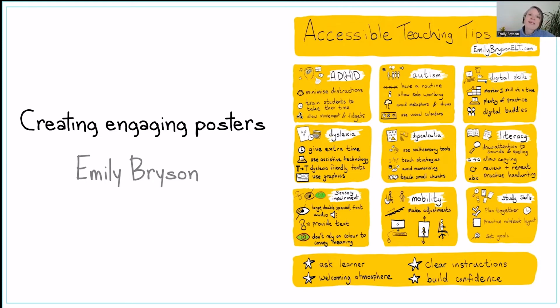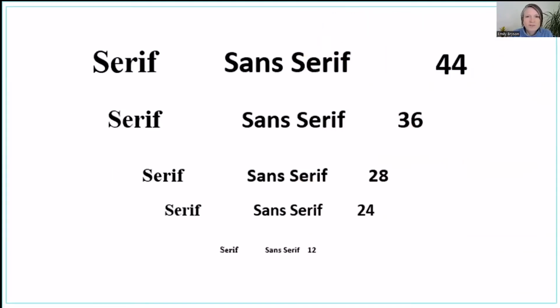So don't worry, I'm not expecting you to make a sketch note necessarily, but I will take you through if you are interested. I'm going to give you other tips as well, because I know that not everybody's going to be keen on the idea of drawing out their posters. Okay, so this is just an example.